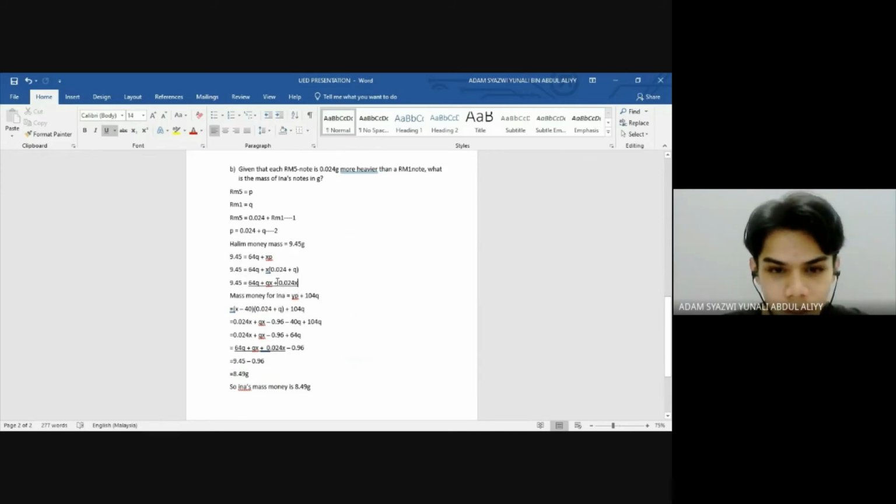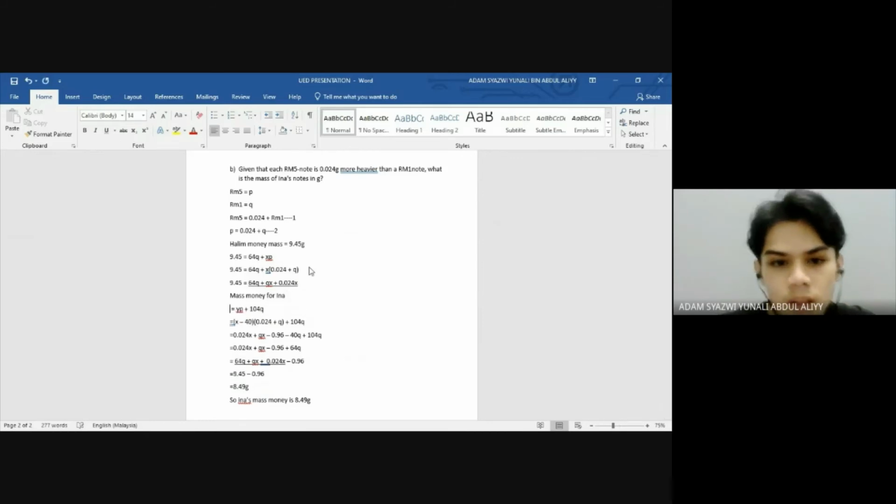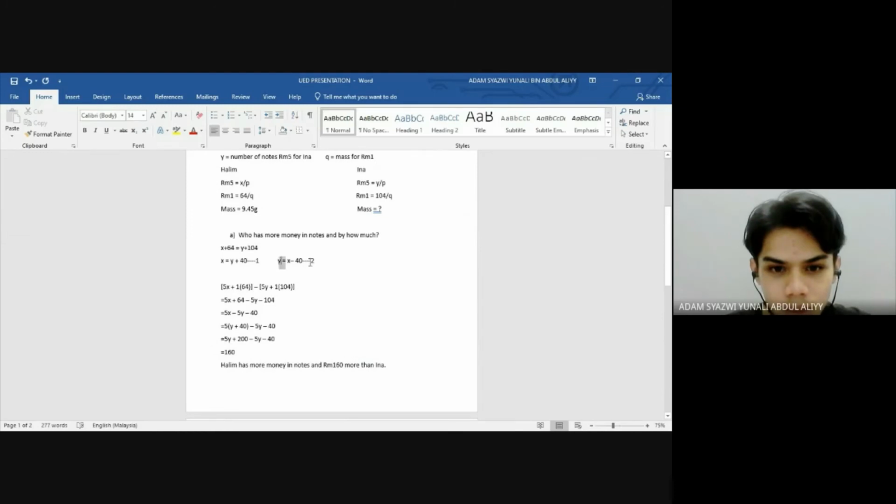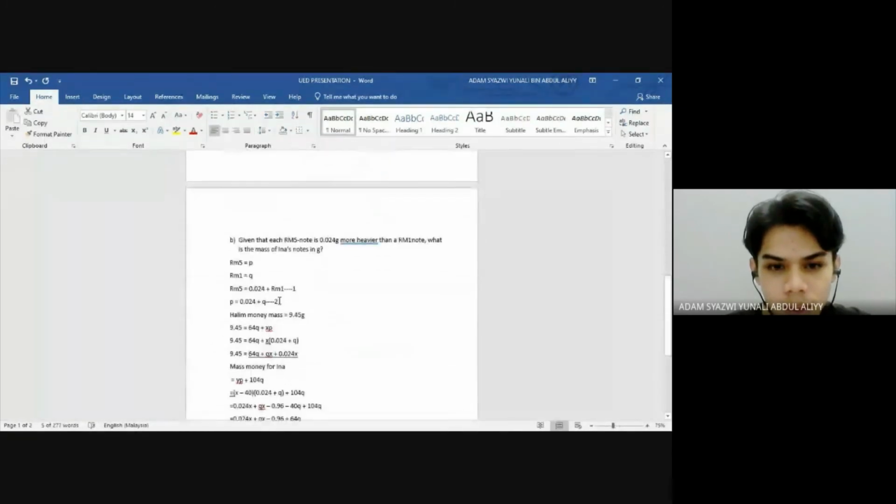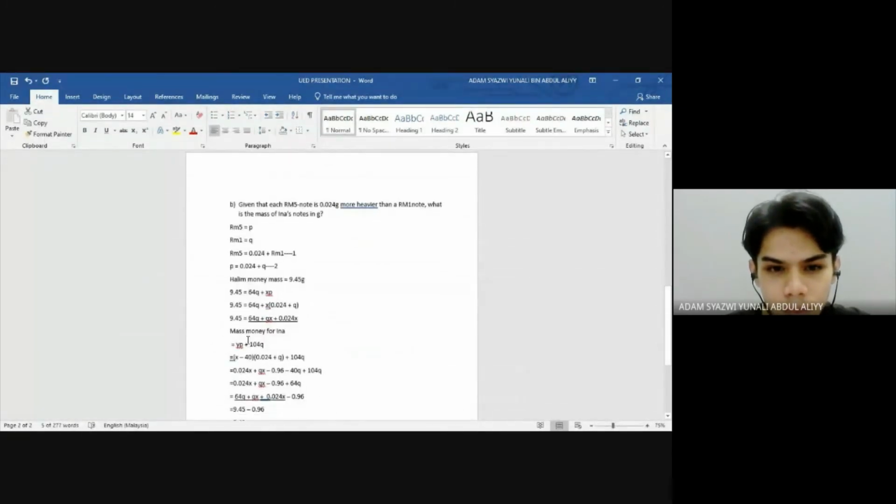After we get this equation, we will continue to find the mass of money for Ina. So we're going to use this equation: YP plus 104Q, where Y is X minus 40, and P is this one.